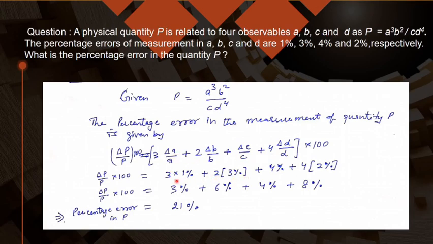We will be adding up the things, because I have already said that the relative errors are to be added whenever I have to find the maximum permissible error. And in numericals, most of the time when they are silent, you have to give the maximum permissible error. So it means you have to simply add up the things and then give the answer.